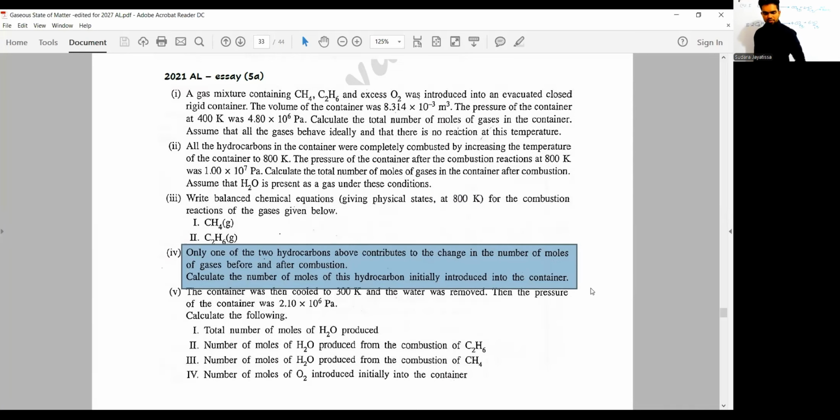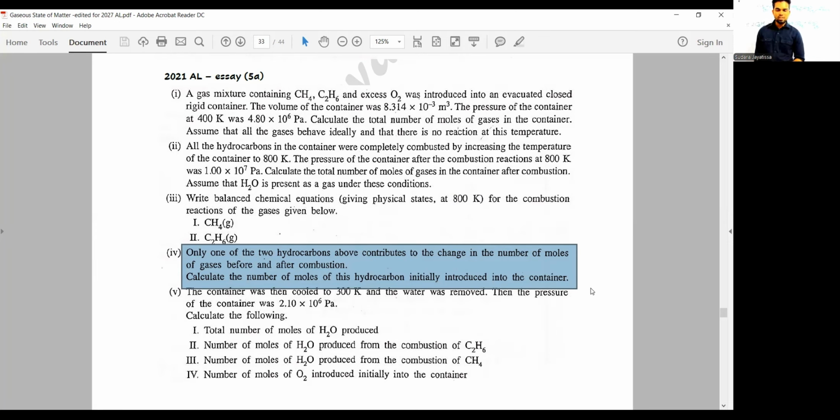See, one of the two hydrocarbons above contributes to the change in the number of moles of gases before and after combustion. Now we noted earlier, before combustion we had 12 moles. After combustion it is 12.5 moles. So moles are increased by 0.5.